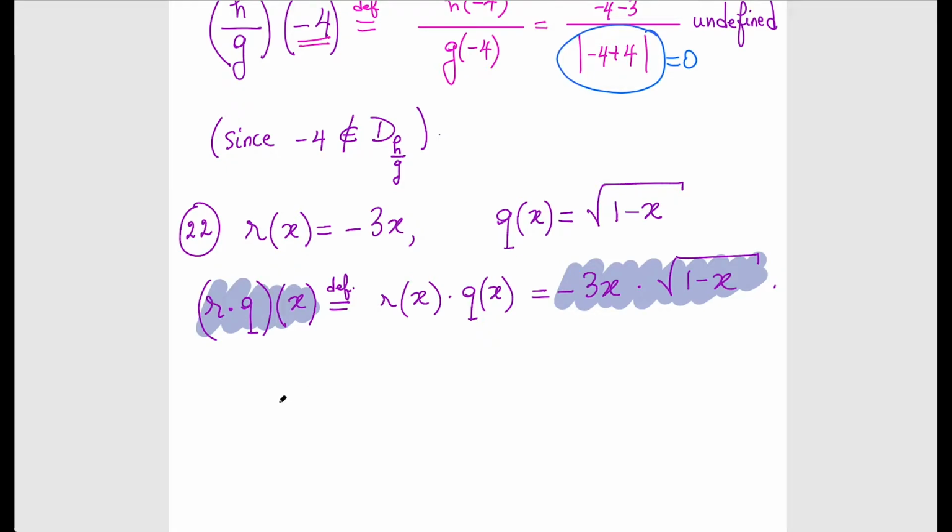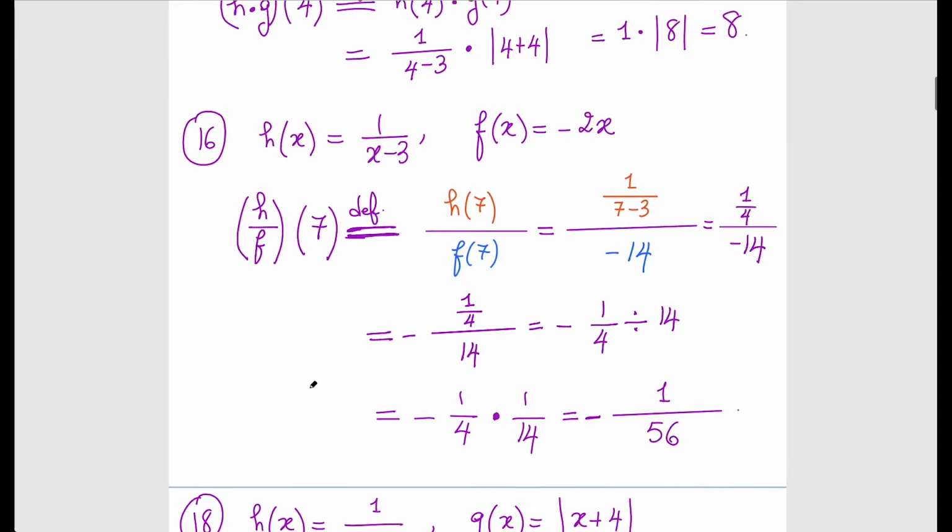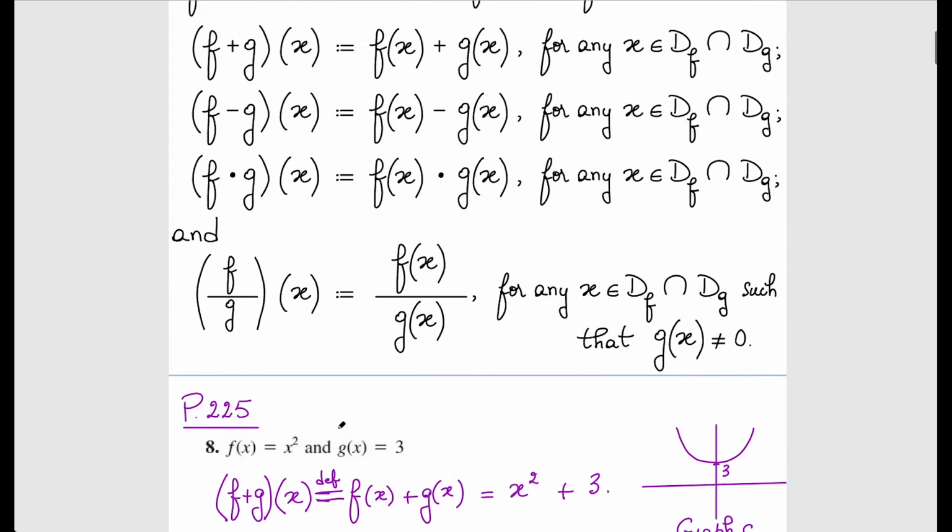All right, now what's the domain of r times q? Based on the very first page, the domain of the product function, because it's the product of the respective outputs, each one of them, as we discussed before, should be well defined.